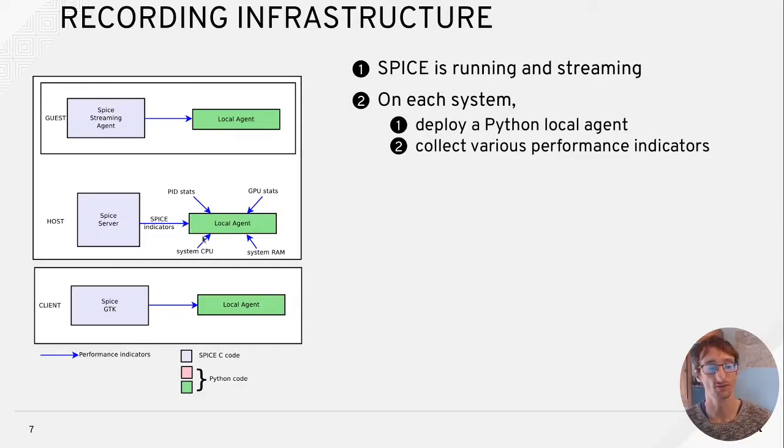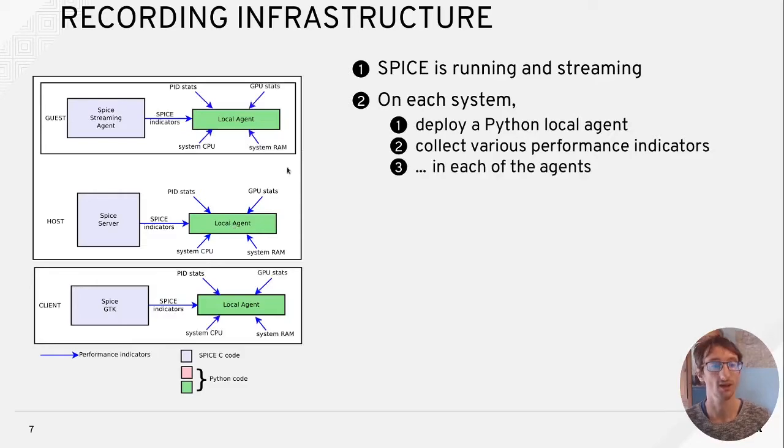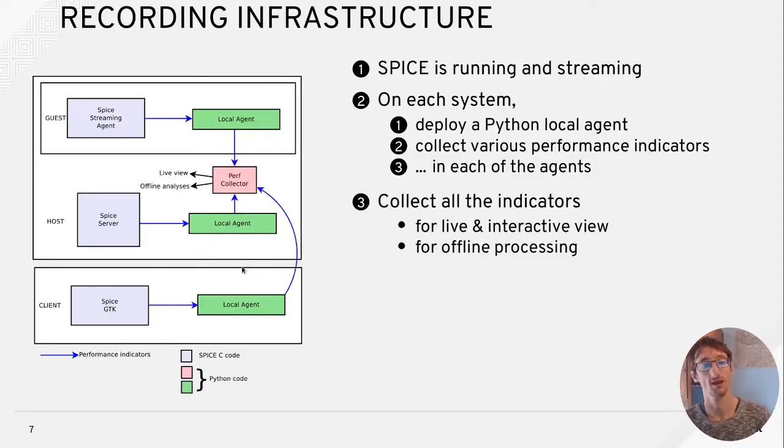And all of these agents, all of these plugins, they will run identically in the three systems. And for the research phase, we will collect in the performance collector all the indicators, either for a live view or for offline processing.